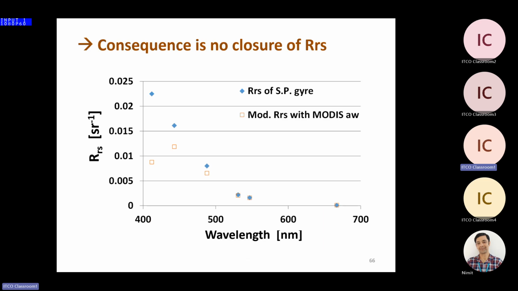If we put this kind of number into the modeling, then there'll be no closure, because the a water from this response function or out-of-band response is too high. So here is the measured Rrs, this blue; when you plug in the modeled a water, it drops greatly because the a water from this band average is too high.